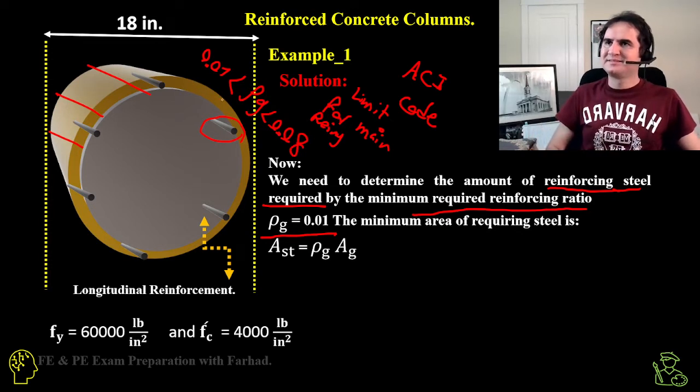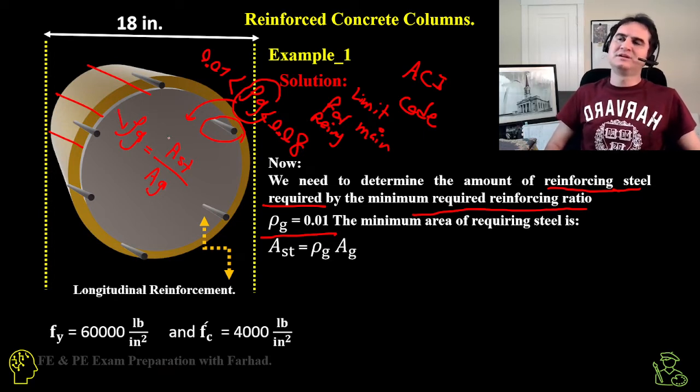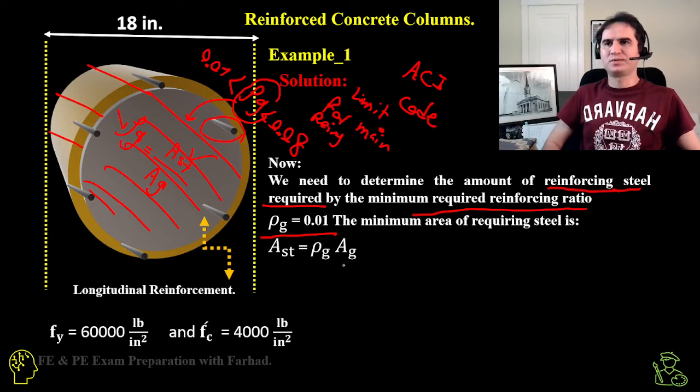Consider rho g, which is A steel over A gross. The ratio rho g is equal to the area of steel over the entire cross-sectional area. So that's 0.01.